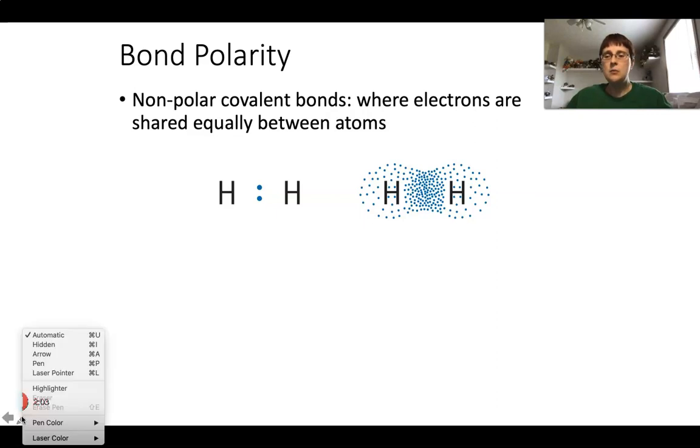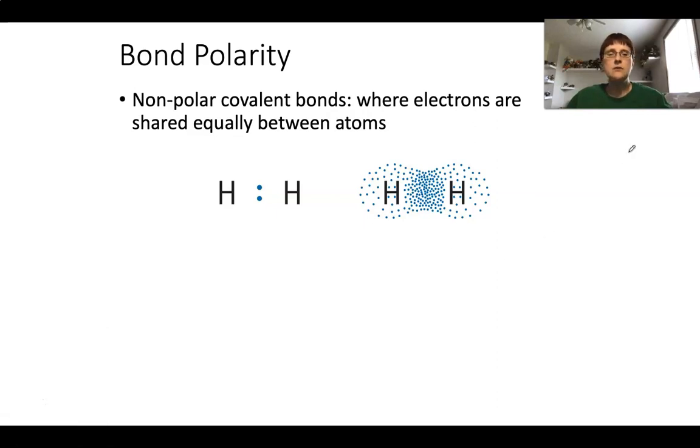Another thing that can happen is if you've got atoms playing tug of war with each other. So for example, we had in our previous video, we had carbon in the middle of a bond with oxygen on either side for carbon dioxide.